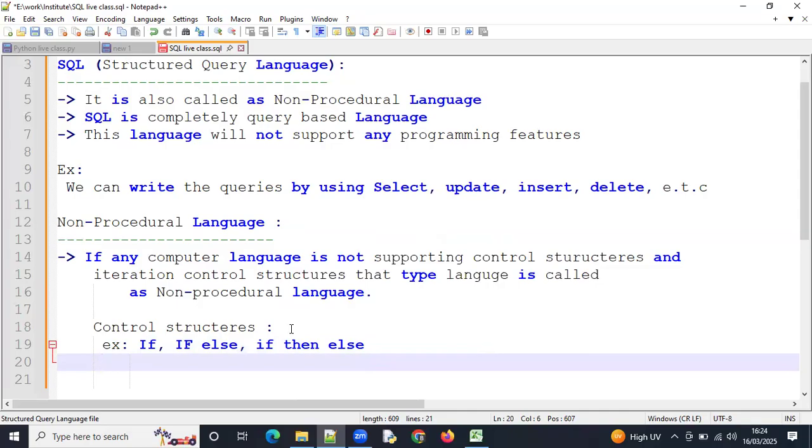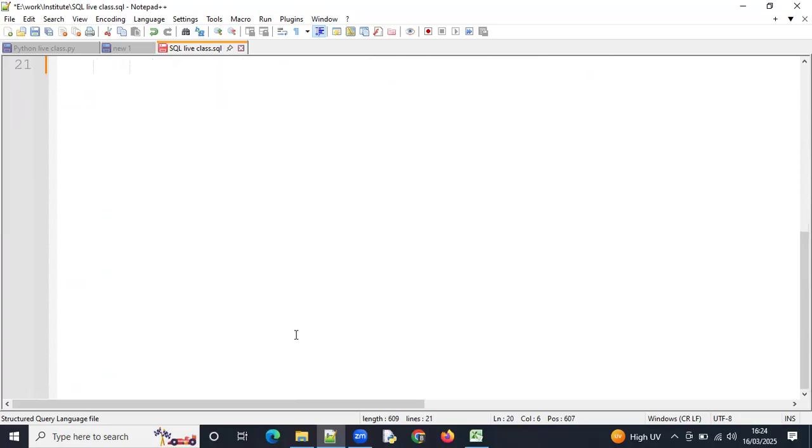Now we can discuss PL SQL. Till now we have discussed only SQL. What is PL SQL? How does it work? We will see.